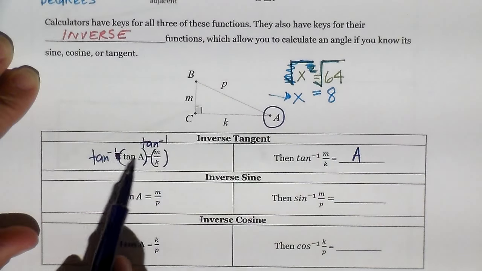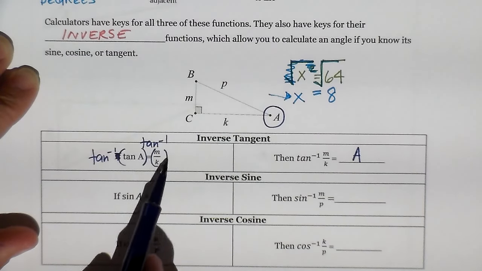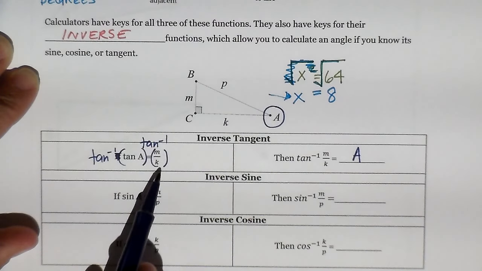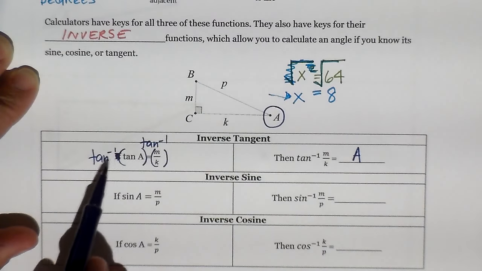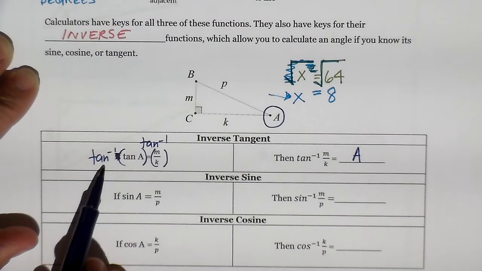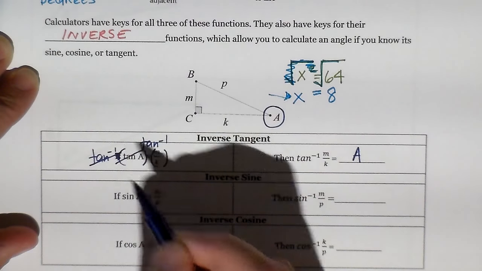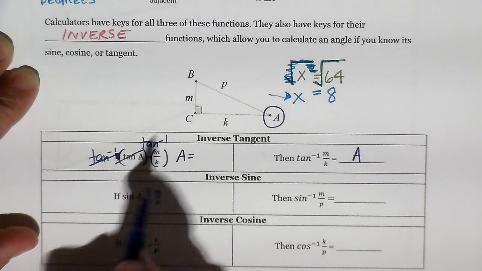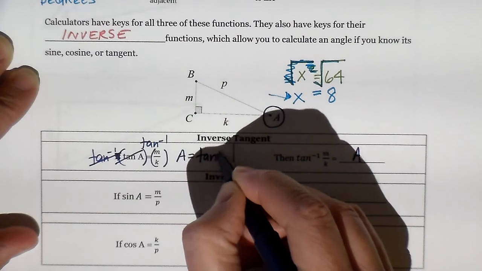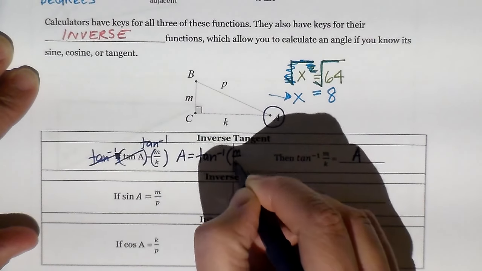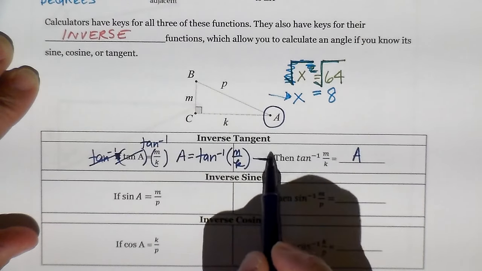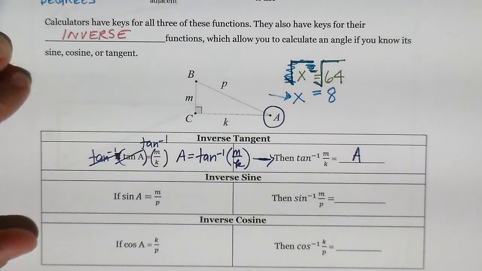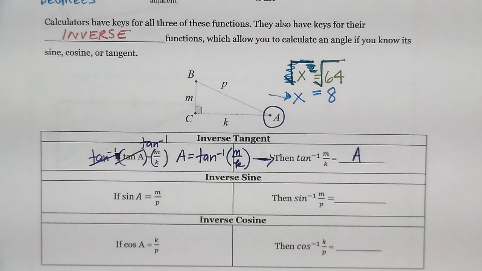So I'm going to take tangent inverse of tangent A and tangent inverse of m over k. What does a function and its inverse do? Well, the tangents cancel out and I'm just left with A on this side. And on the other side I have the inverse tangent of m over k, hence this equation. What I've done is I've undone the equation by using the inverse on each side. Inverse undoes the other function.